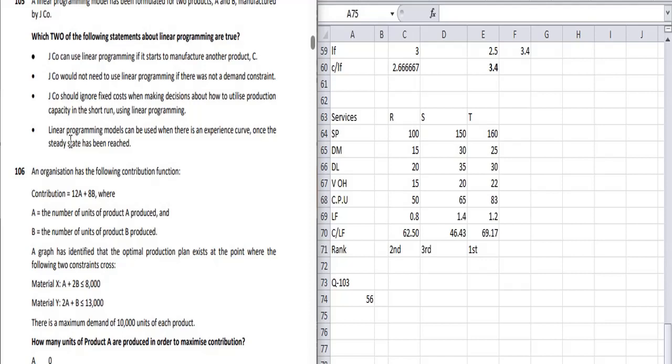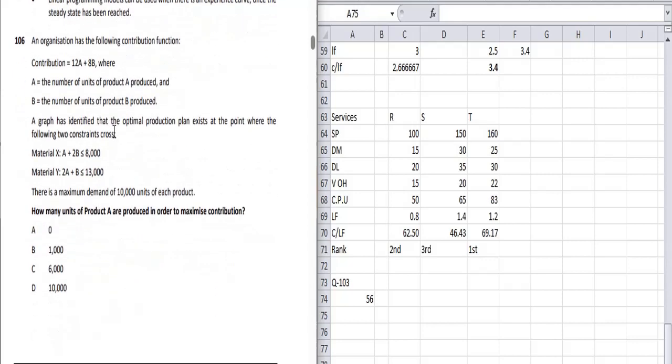What the last option was telling is that the linear programming model can be used when there is an experience curve once the steady state has been reached. Steady state means constant, and if steady state has been reached, it means variable cost will be constant.